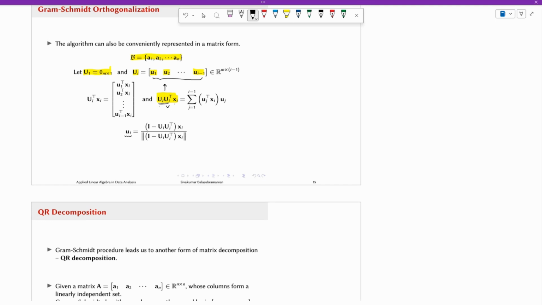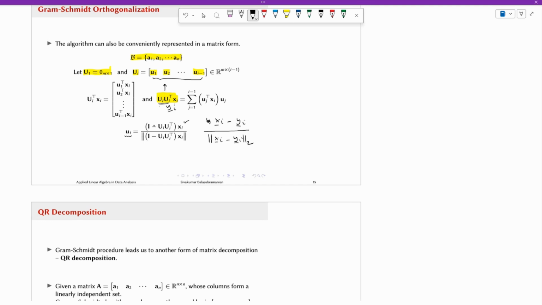so remember this is yi, right? So what you're doing in the numerator is xi minus yi. And the denominator is simply the normalization procedure.